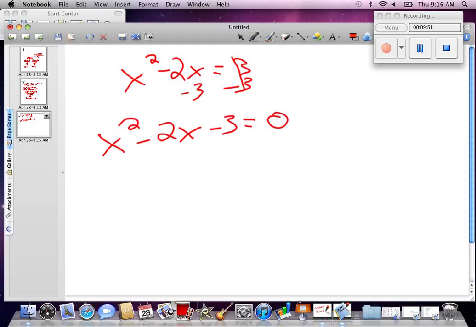Which step did I just do of your graphing quadratic equations? Step number 1. It's right there, guys. It's on the board. Step number 1. Step number 2 would be what? A, B, and C. Tabitha, can you tell me what A, B, and C are?